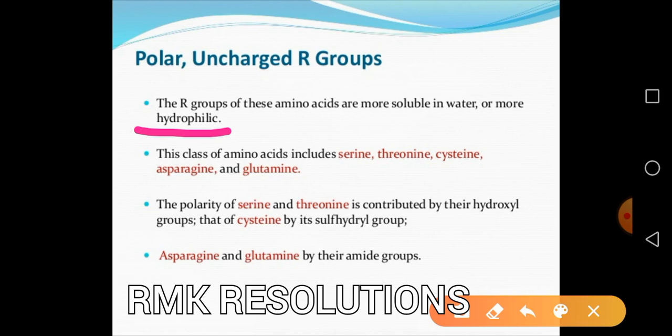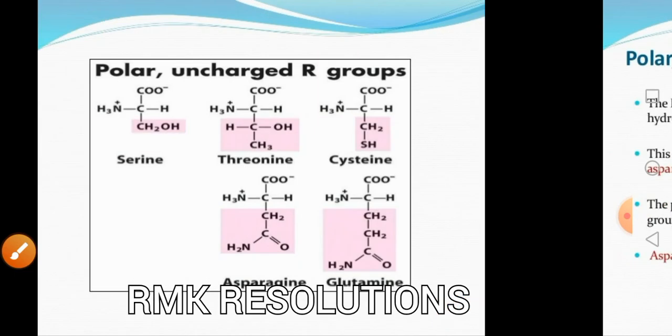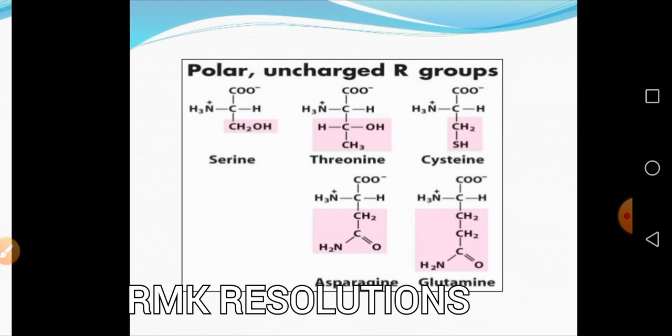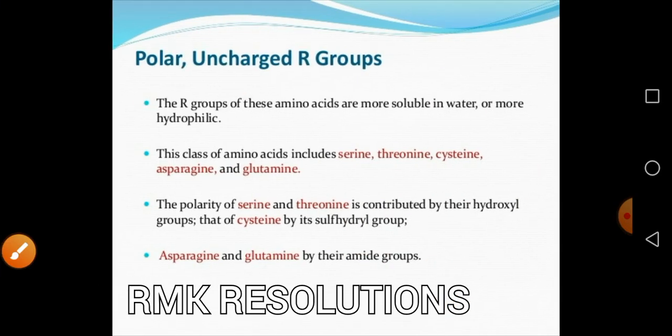The polarity of serine and threonine is contributed by the hydroxyl group. You can see here serine and threonine, their polarity is contributed by this particular hydroxyl group. And for cysteine, the polarity is contributed by the sulfhydryl group.